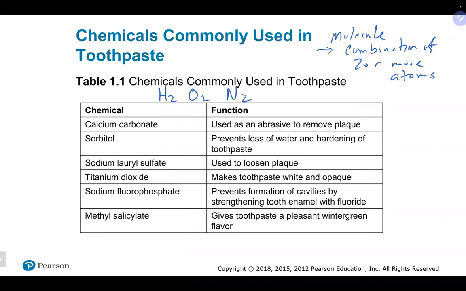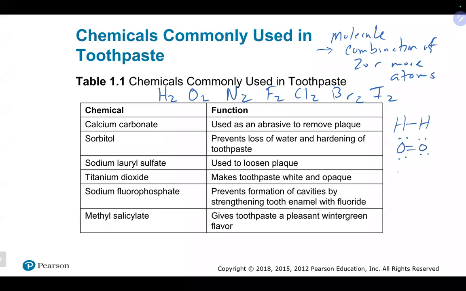Nitrogen naturally comes as two nitrogens together. Fluorine also, chlorine, bromine, and iodine. So the way these naturally come is two hydrogens together, a couple of oxygens that are bonded together. This is how we find these things when they're by themselves in their elemental form. They come as these.